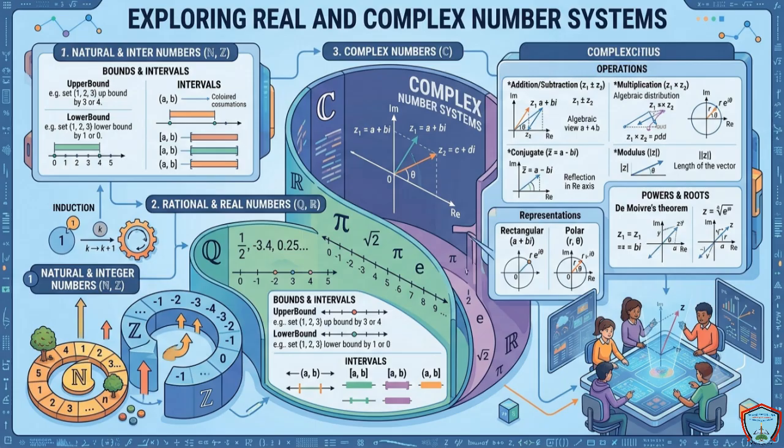Another important concept is the ordering of real numbers. We can compare any two real numbers using the symbols greater than, less than, or equal to. This allows us to arrange the numbers on the number line and analyze relationships between them.